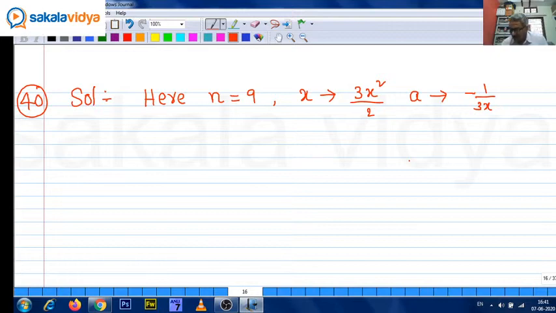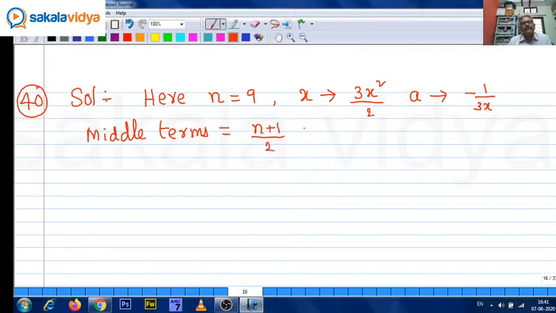So that means actually middle terms. What is the formula? The middle terms are the (n+1)/2 and (n+3)/2 terms.